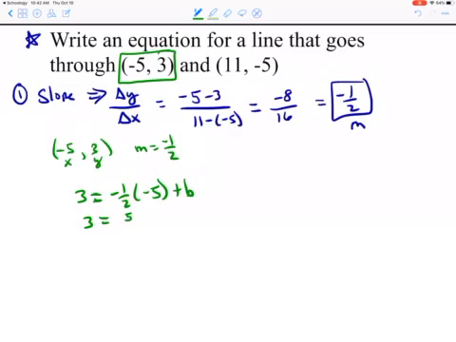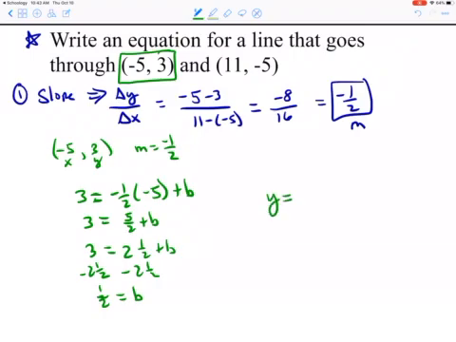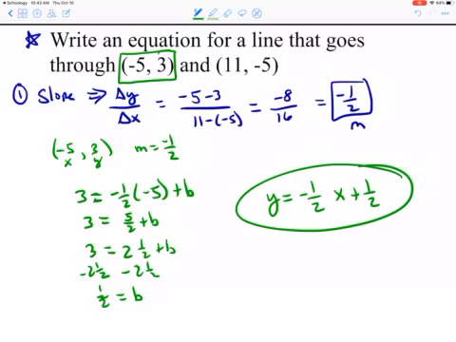So this is going to give me 5/2 plus b. This is going to go 2 with 1/2 plus b, so I minus 2.5. And I get positive 1/2. So my y-intercept is 1/2. So I go back to my slope-intercept form. Y equals my slope, negative 1/2 x, plus my y-intercept of 1/2.